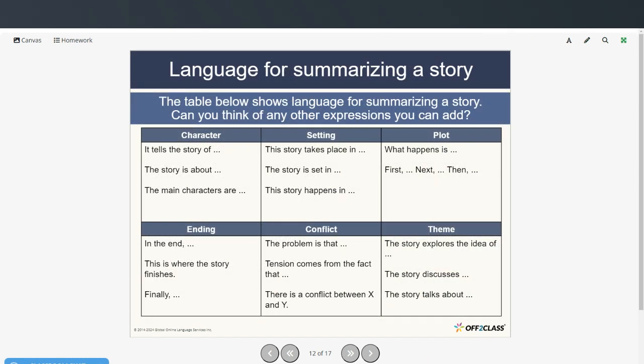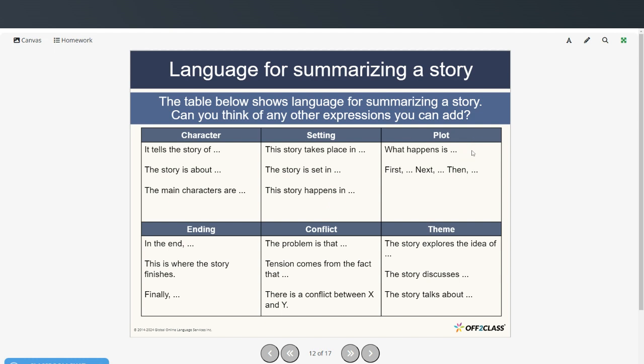All right, here's some language for summarizing a story. The table below shows language for summarizing a story. And can you think of any other expressions that you can add? So, when talking about character: it tells the story of, the story is about, the main characters are. Setting: this story takes place in, the story is set in, the story happens in.